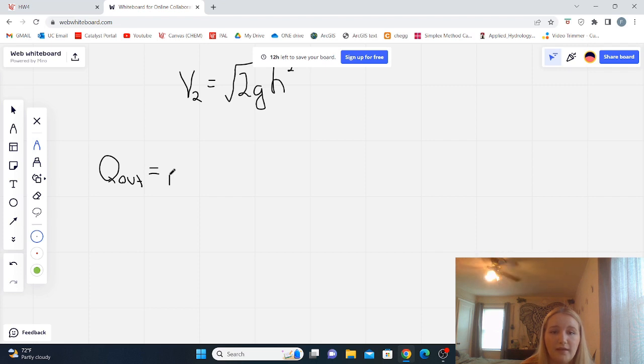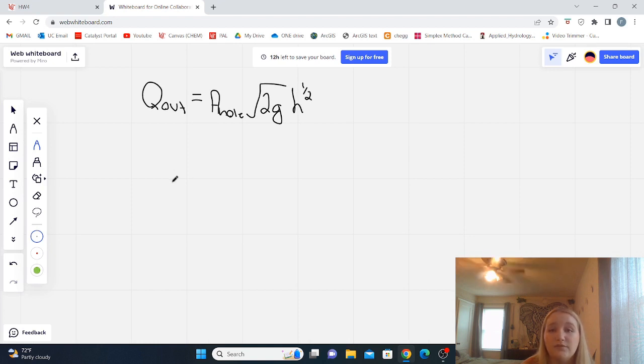So let's put A, and then we're just going to put hole because this one is for the outlet of our tank, A hole. And then we're going to multiply that by what we just solved for. So the square root of 2g multiplied by h raised to the 1/2.